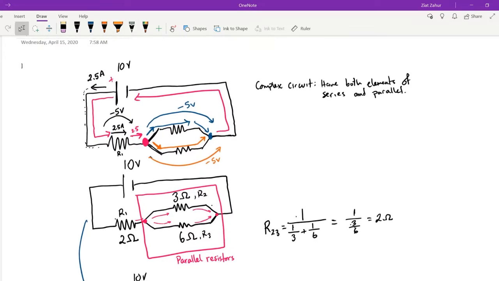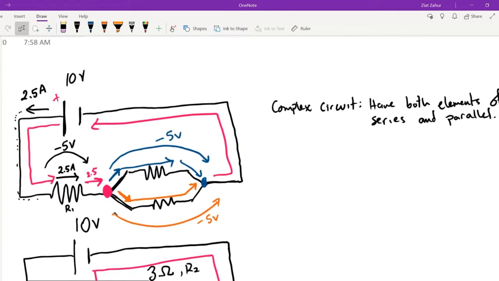Well, how do I know you're going to lose the rest and not just a partial? That's because once you get to the bottom of the battery, you're at 0 volts. And so you have to go through it again to get boosted up to 10 volts again. So any point along this line here, all these X's, represent the same nodal point, meaning it has the same electrical potential, 0 volts, because all of this is connected to the bottom side of the battery, which is our low point.